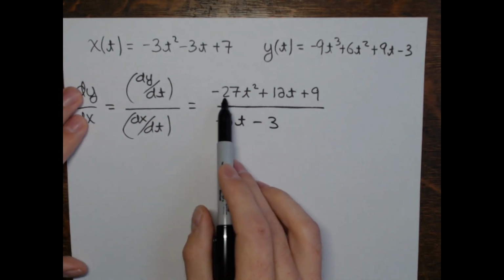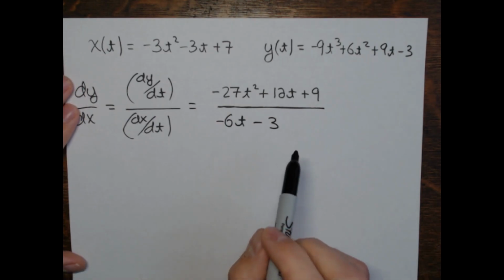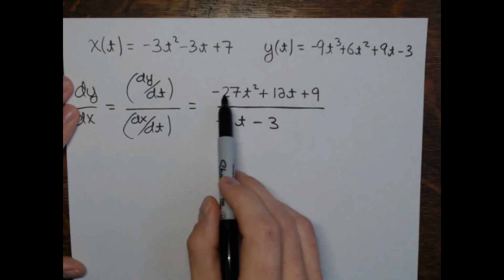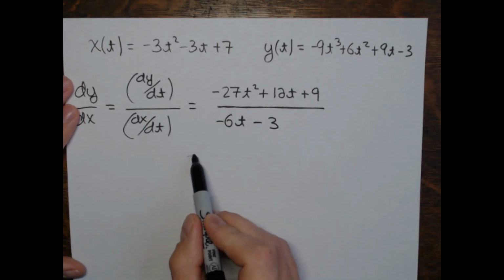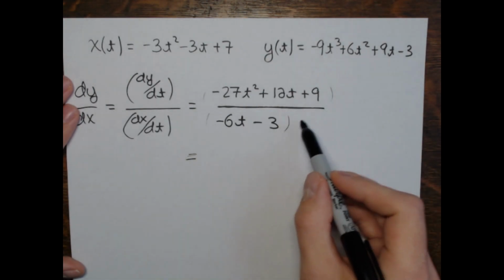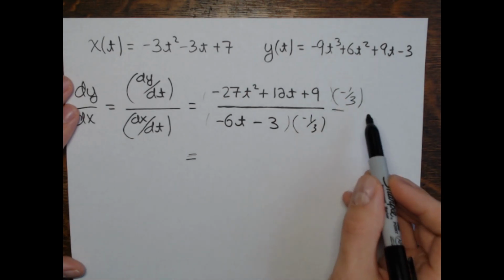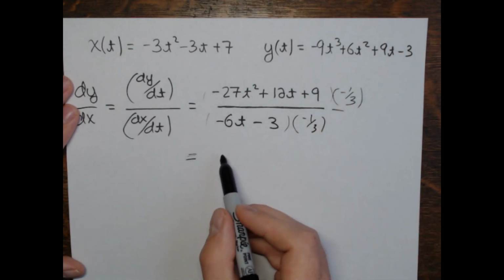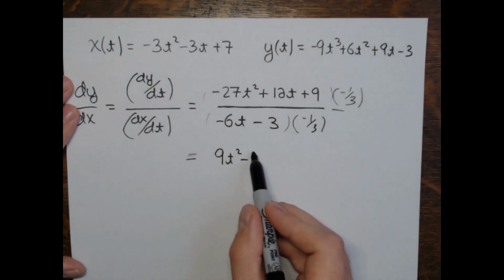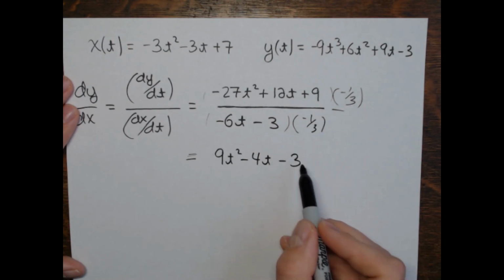Now I can see a little way to simplify this a tad. All these coefficients have a factor of 3, and in fact, I'll pull out a negative 3 from them. So if I multiply the top and bottom by negative 1/3, that'll give me 9t squared minus 4t minus 3.